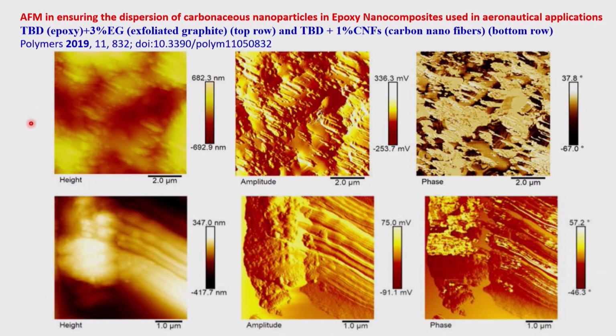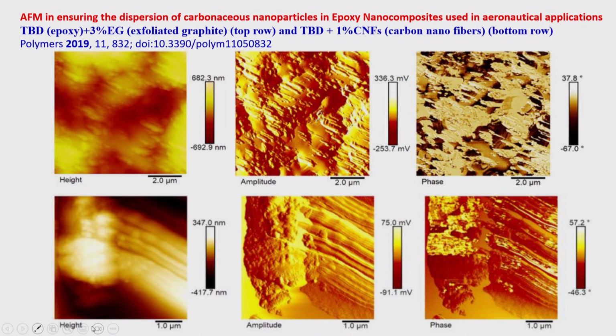This is for the 3% exfoliated graphite sequence, and this is for the carbon nanofibers. So these three are for the carbon nanofibers of 1%, and these top three are for the exfoliated graphite. Your epoxy nanocomposite is referred to as TBD, and then you have 3% exfoliated graphite, and this is basically the carbon nanofibers.